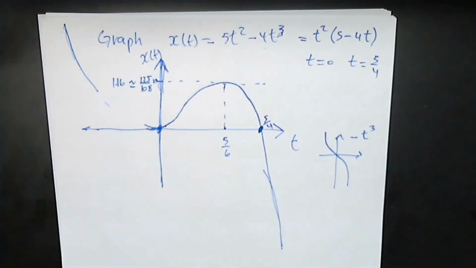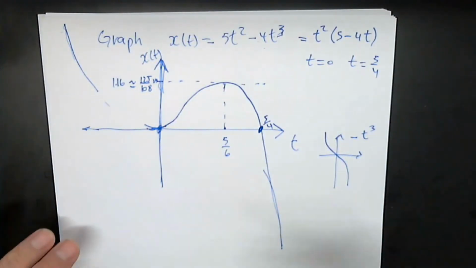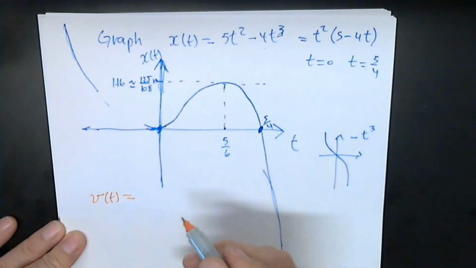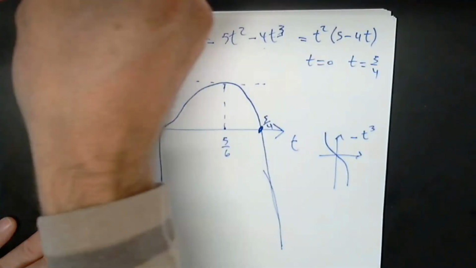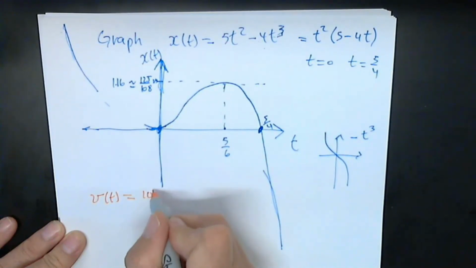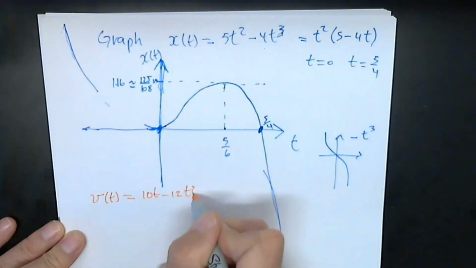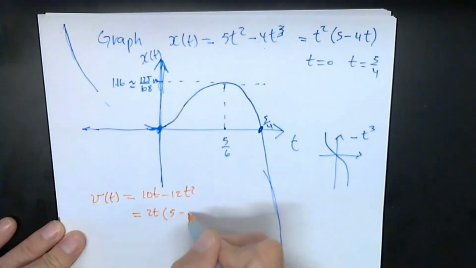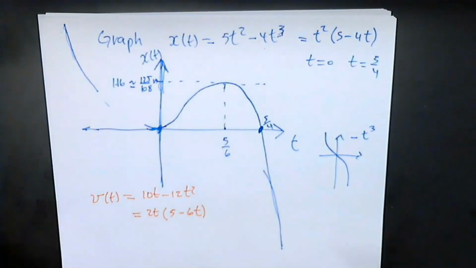And you know that the velocity, if you look at the equation for the velocity, it was 10t minus 12t squared. So I can take 2t, so 5 minus 6t.